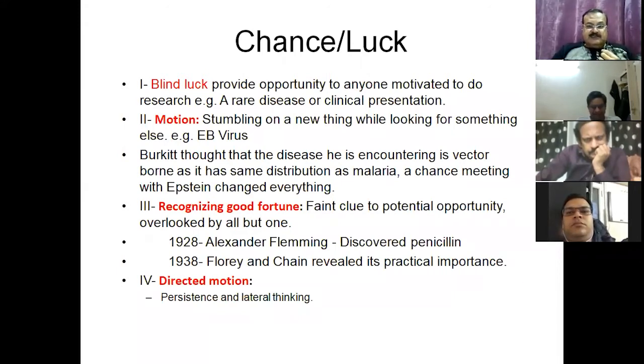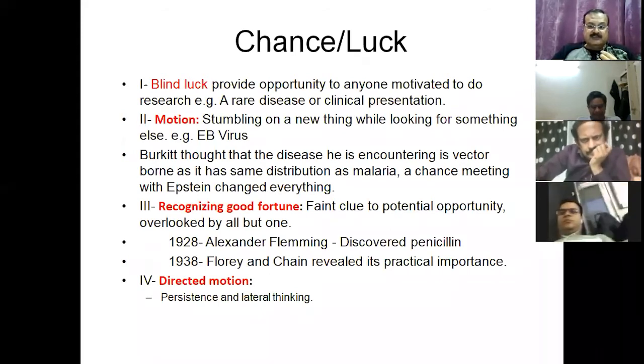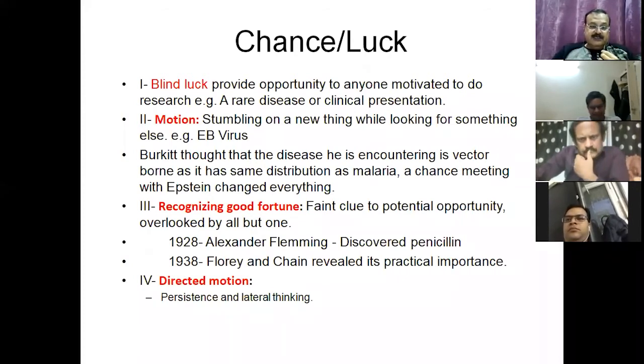Fleming discovered penicillin, but it was Chain who found out its importance, that it kills bacteria. It is an opportunity overlooked by all but one. It was a type 3 chance, that what even Alexander Fleming could not discover, Chain did.